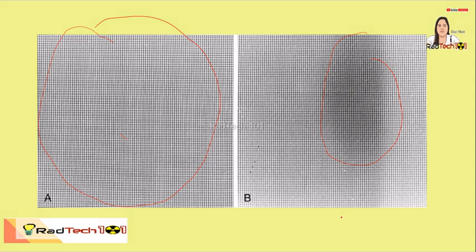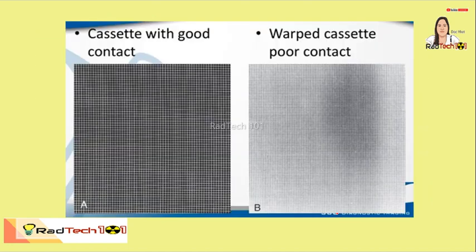That may also affect the image and the patient can be misdiagnosed. A cassette with good contact can look like this in letter A, and a warped cassette, the bent cassettes that are still being used, can also result in increased density.